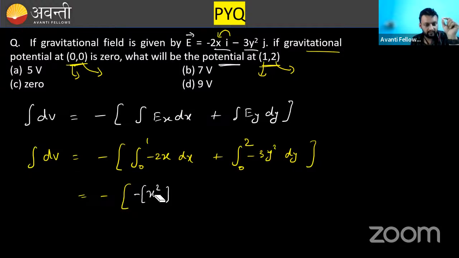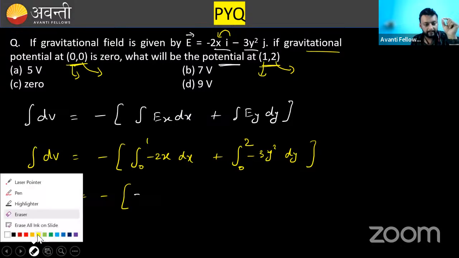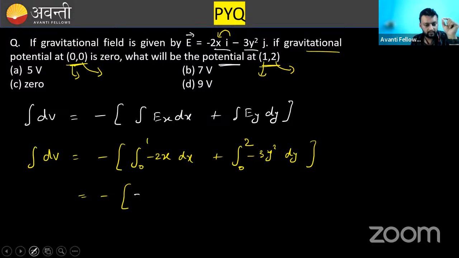Someone of you might have forgotten how to integrate. 2 is a constant, write it as it is. While you integrate, increase the power by 1. So x has a power 1, you increase it to x square by 2. Limit is 0 to 1.